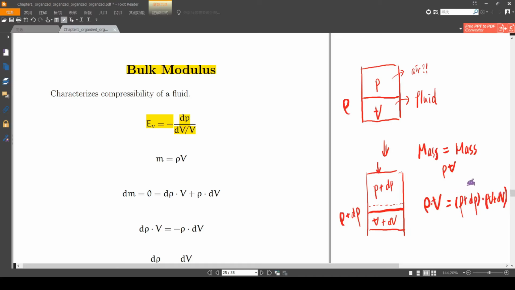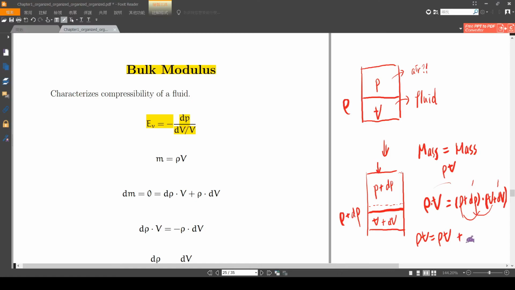And actually, this kind of change might be very small. So you just do some math, okay? So you can find that some parts will disappear.